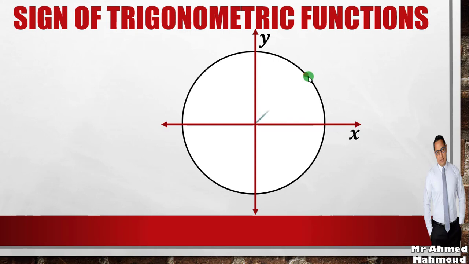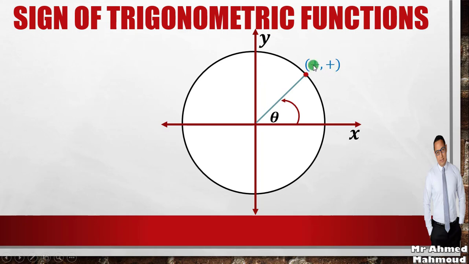This point makes an angle in the standard position called theta. This point has two coordinates, x and y. So x here is positive and y here is positive. So the two coordinates x and y are positive, positive.